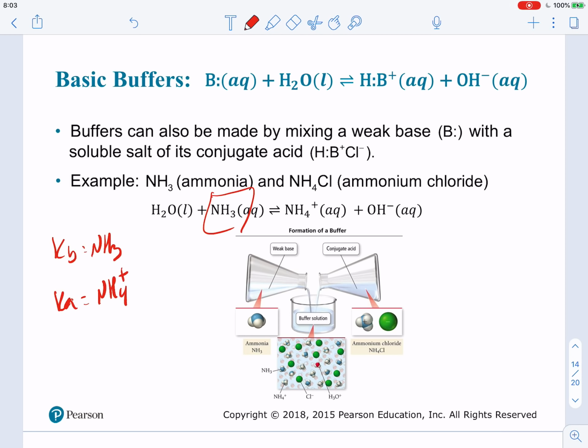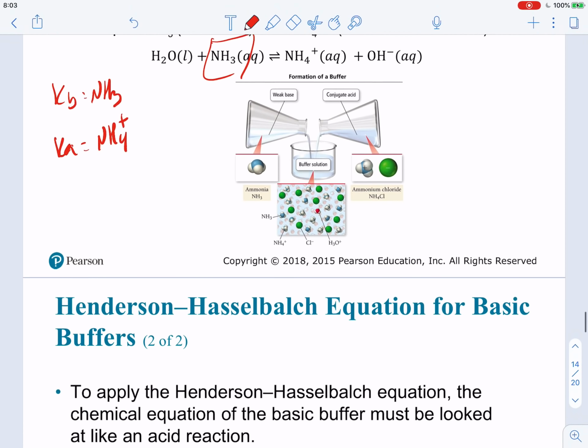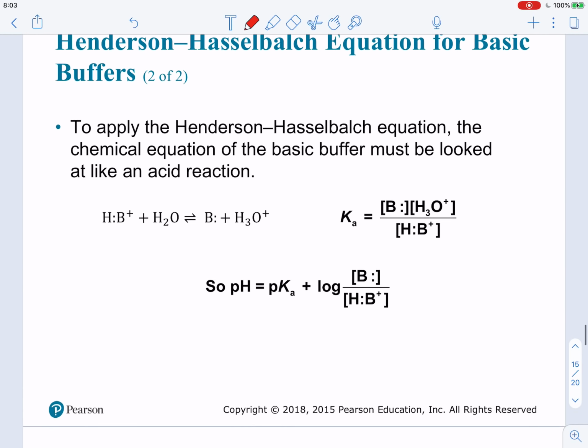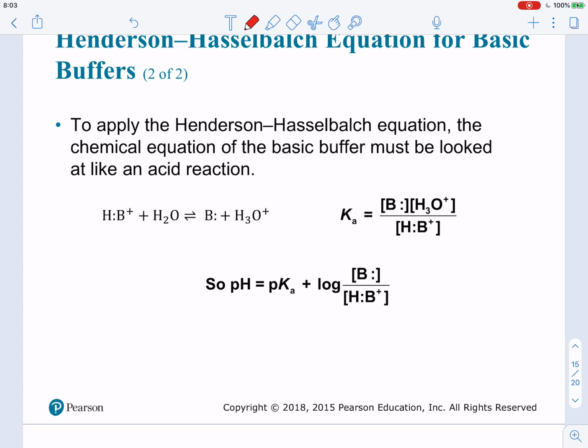acid for that base. So that means that it would be a good practice if, instead of looking at the acid-base equilibrium from the point of view of the base, you see it from the point of view of the conjugate acid. And this is what we have here. This is the conjugate acid, and this is your base.